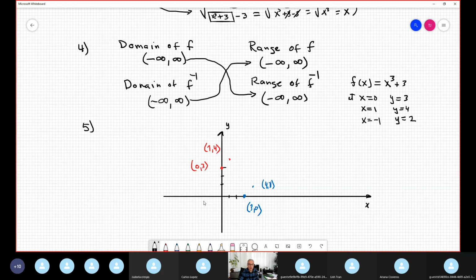And the point is the point -1, 2. -1, 2 is here. This point is the point -1, 2. Therefore, my curve, with a little bit more accuracy, looks like that.